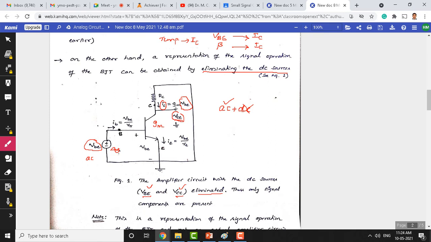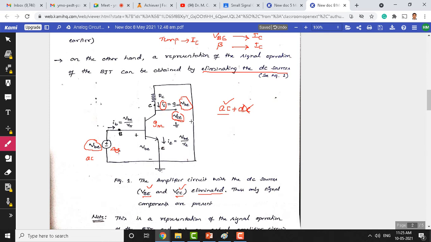So that becomes easier for us to track where the AC input is applied, where the AC collector current is flowing, and where AC voltages exist. All these things we can easily understand when we study this AC equivalent circuit. When we study the total amplifier circuit, it becomes difficult to analyze AC separately.